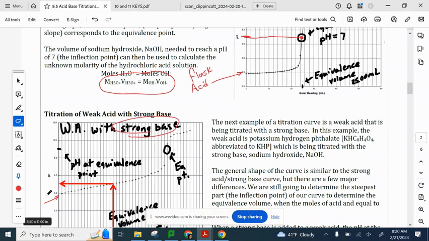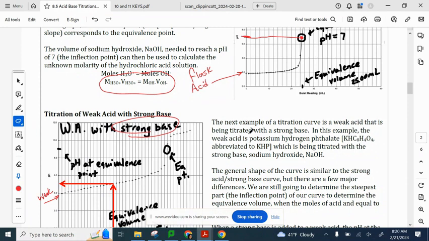So this is weak, and this is going to be strong. Because I'm starting out here in the 4-ish range, and my equivalence point is greater than 7, and I've got base over here. I've shot past my equivalence point, and now I'm in a basic situation.